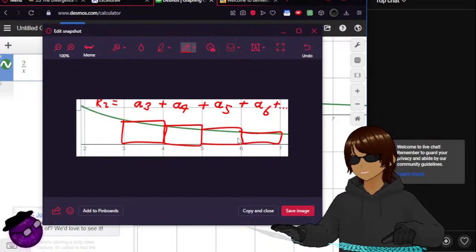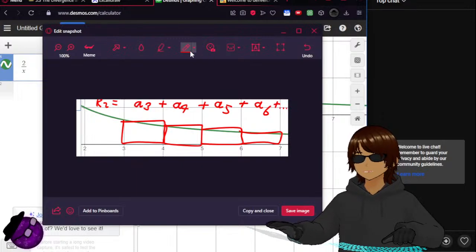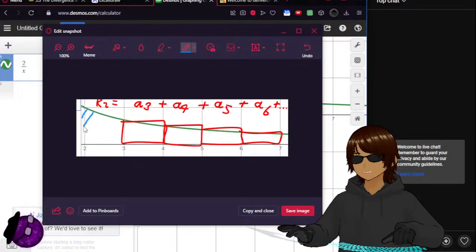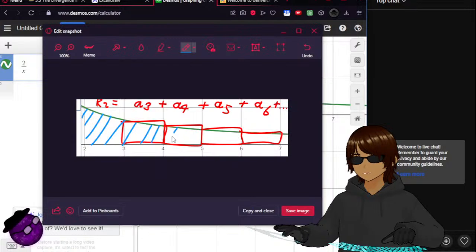And then what they are saying is to take the integral from here till infinity.